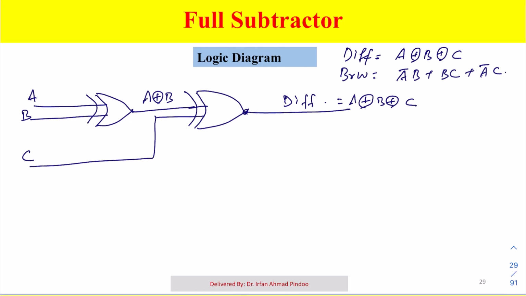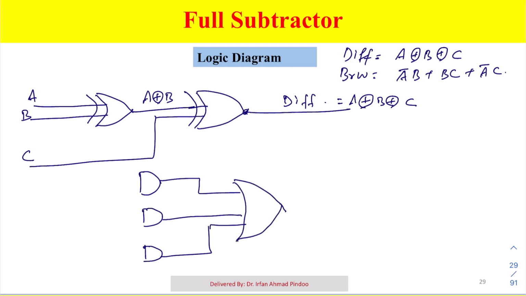Now coming to the borrow, we need 3 AND gates and an OR gate. So we can have 3 AND gates here, 3 AND gates and an OR gate also, which will give us the final output. So this is my borrow. Now the first term is A bar B. So how will we do A bar B? This is A bar with B. Then we have BC.